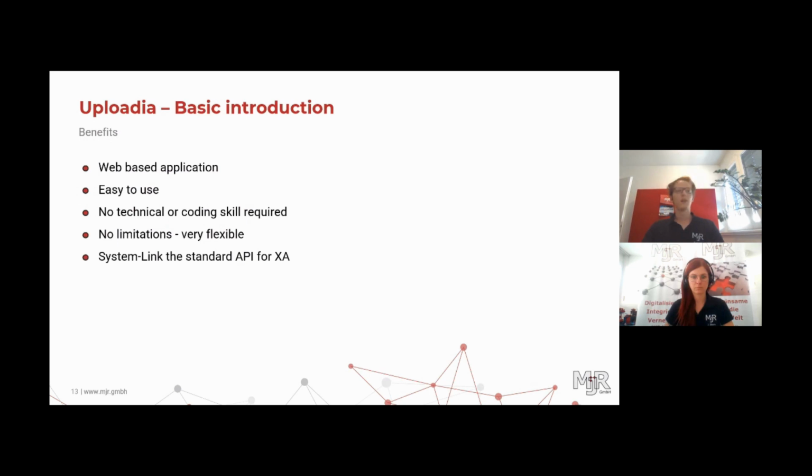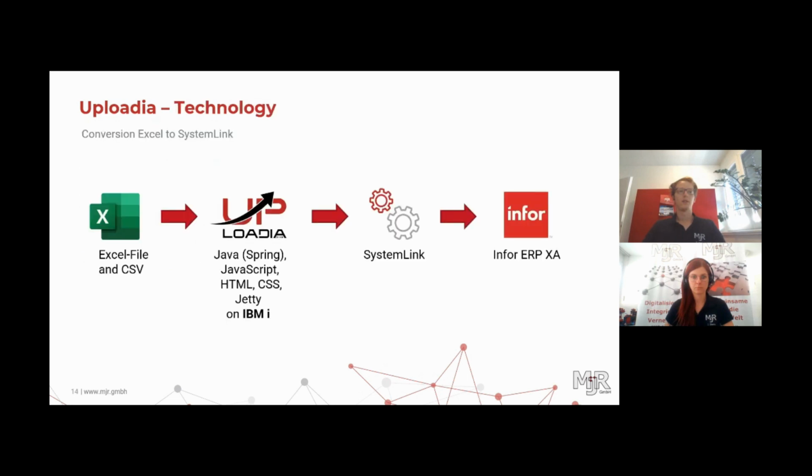All of this is possible because we are using SystemLink, the standard API for Infor XA. In general, the flow of Uploadia looks like this. You always start with an Excel file or a CSV file containing the data you want to upload or you want to change in your XA system.